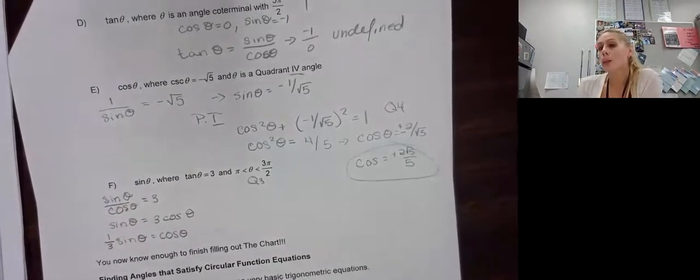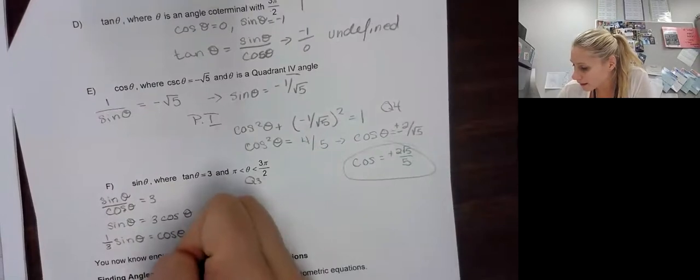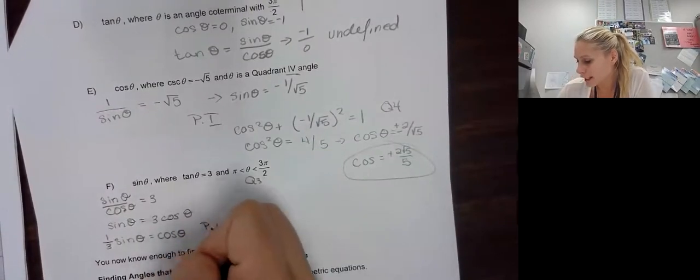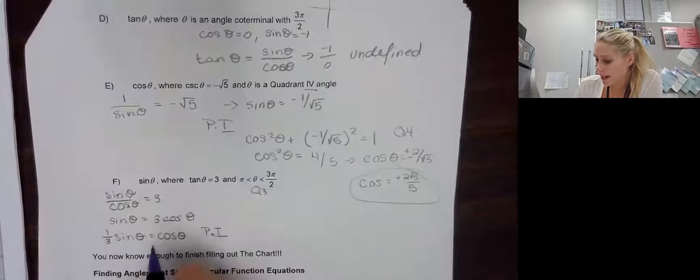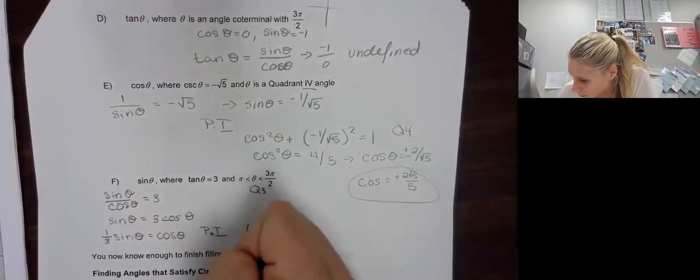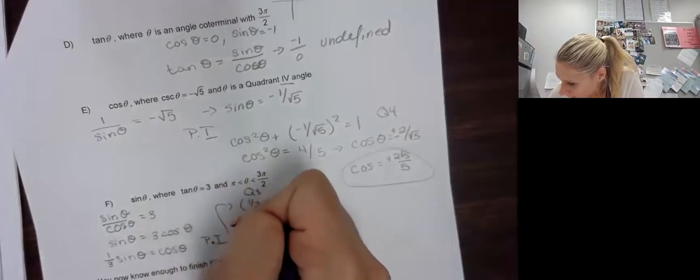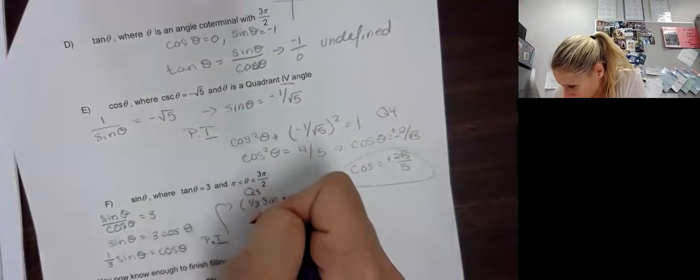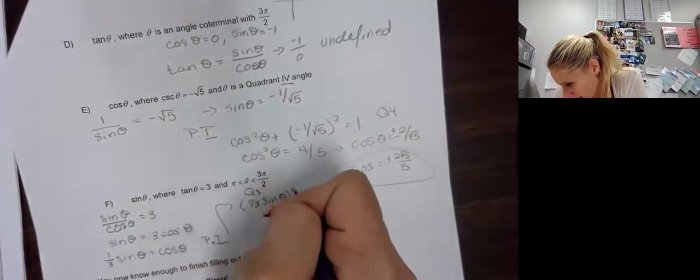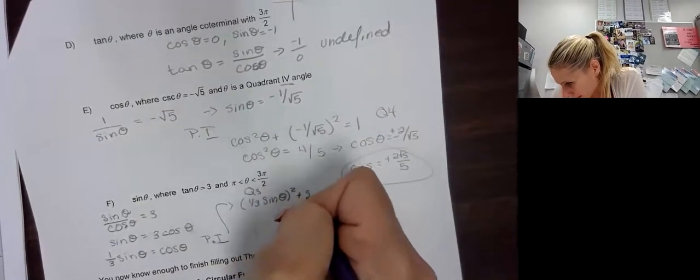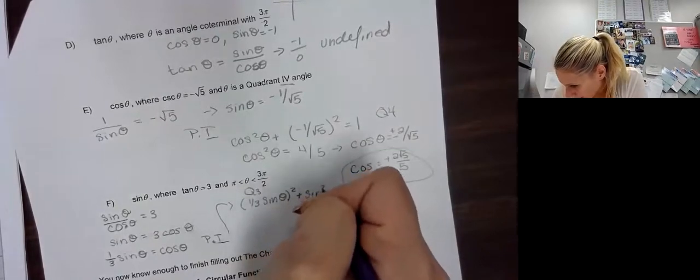Well, that's because we're going to use the Pythagorean identity again. But instead of cosine squared, we're going to put the 1/3 sine theta, squared, plus sine squared theta equals 1.